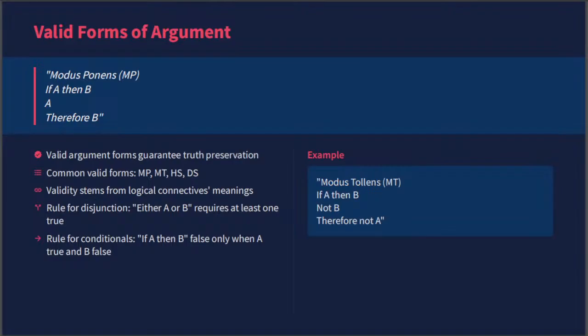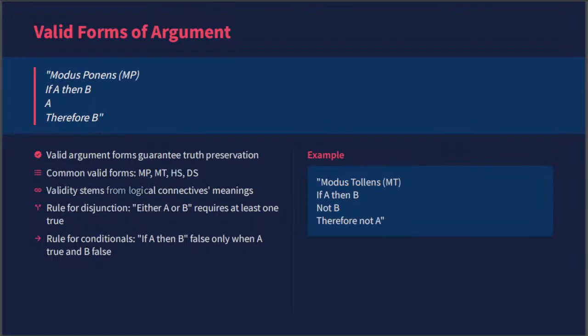So if the premises are true, a valid form will preserve that truth. The common valid forms: the MP, the MT, the HS, and the DS. We'll get into that. The modus ponens, the modus tollens, the hypothetical syllogism, and the disjunctive syllogism. All right, let's just continue here instead of stressing my memory.